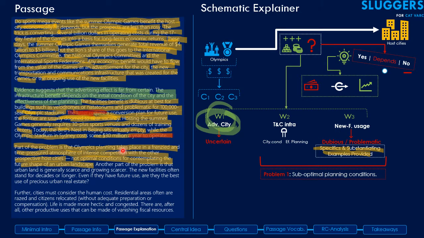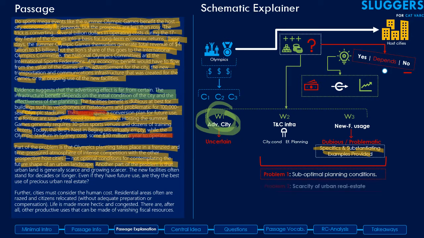So they are not able to bring factors of future usage of those facilities into account while creating the plans of changing the urban landscape. And that's the reason why later on most of the infrastructure ends up not getting used, or just staying put, right? So yeah, let's come to the next part.